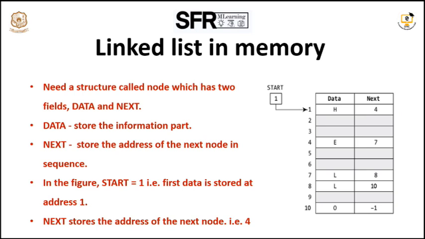In address 1 they have stored the first value h. The corresponding next stores the address of the next node, that is 4. So it traverses to address 4 and takes the value e. Likewise it repeats this procedure until it reaches the position where the next entry contains -1 or null, which represents the end of the list.